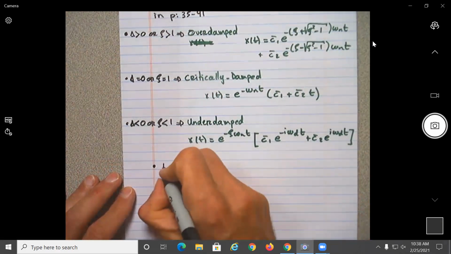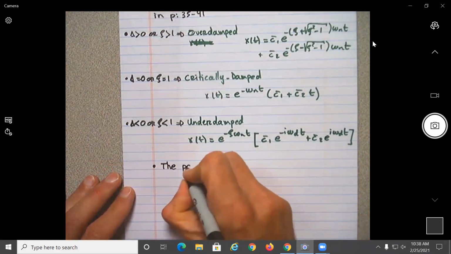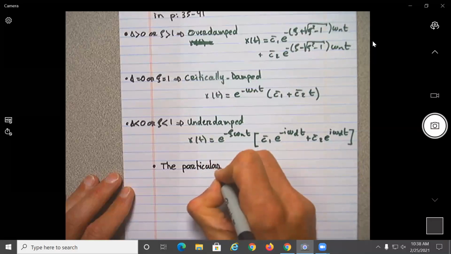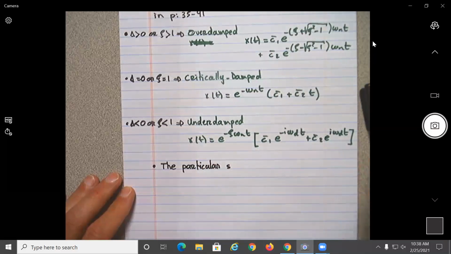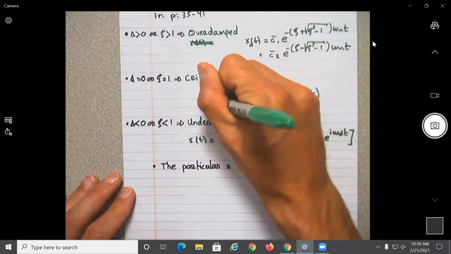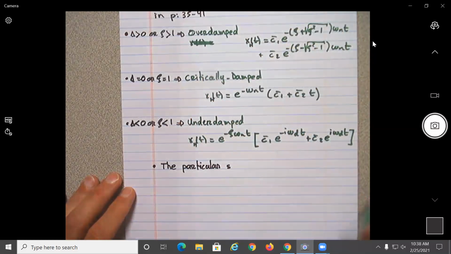All right, so the particular solution. If you want, just put over here, this would be x of h, the homogeneous solution, okay?